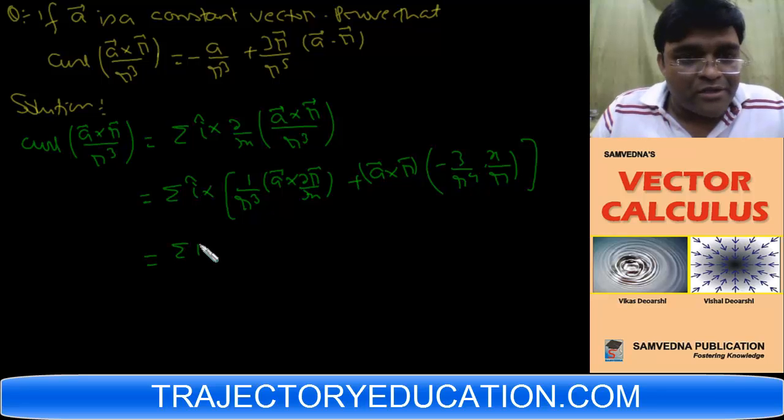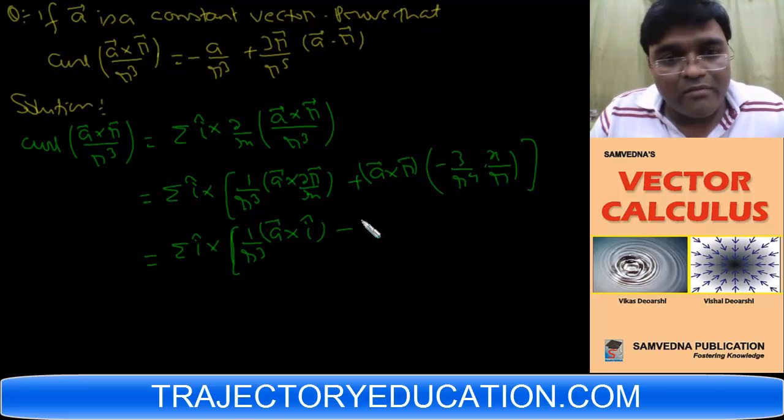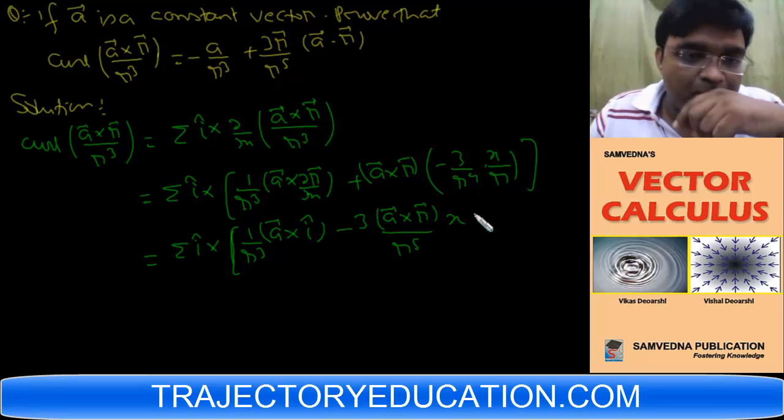Alright, so this is i × (1/R³)(A×i), and this will be minus (A×R)/R⁵ x.